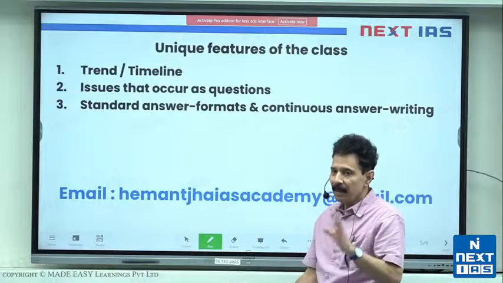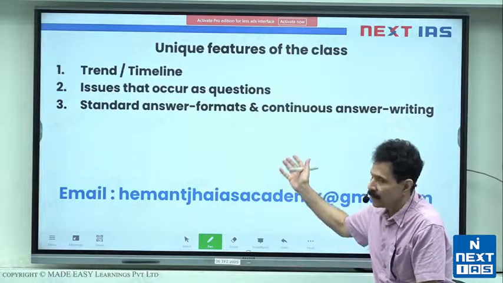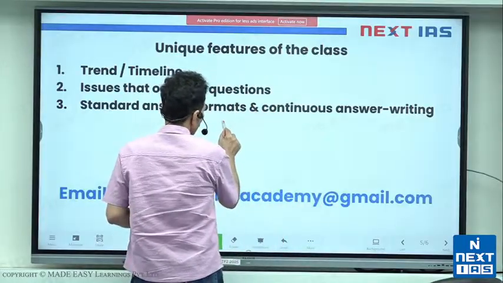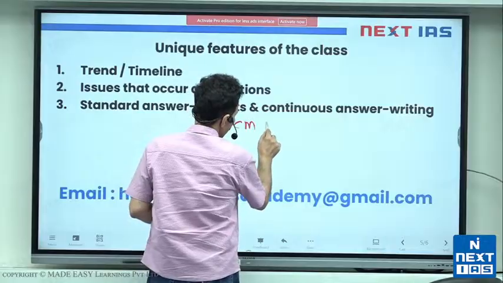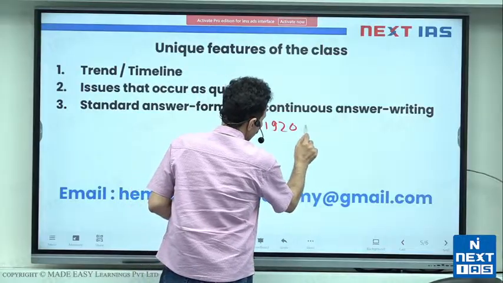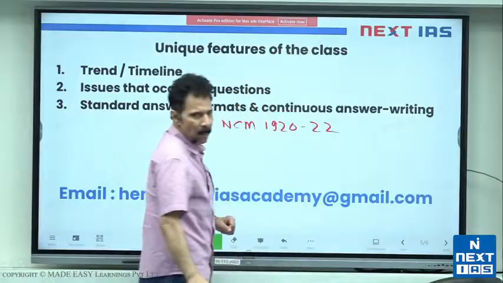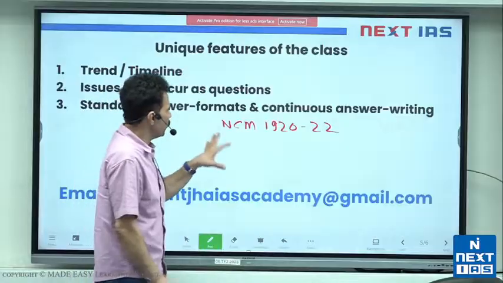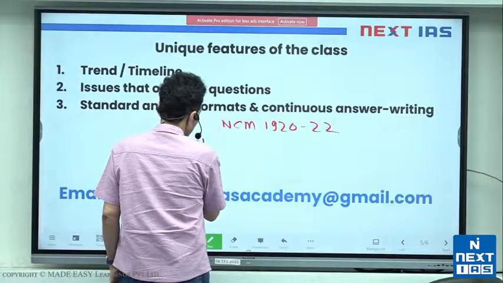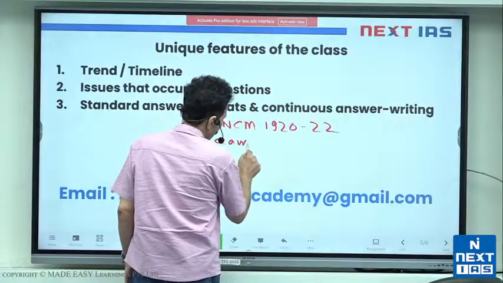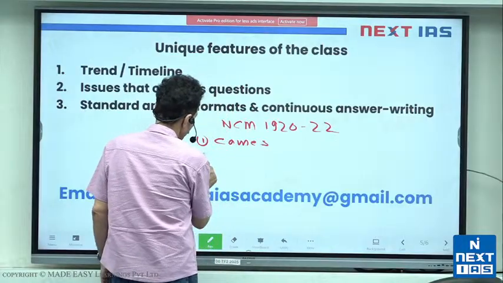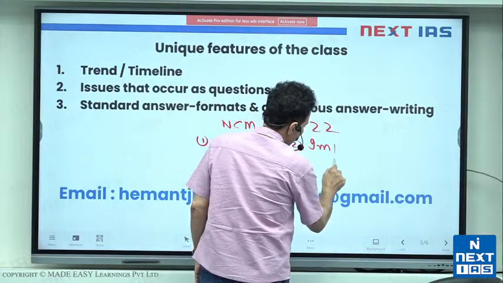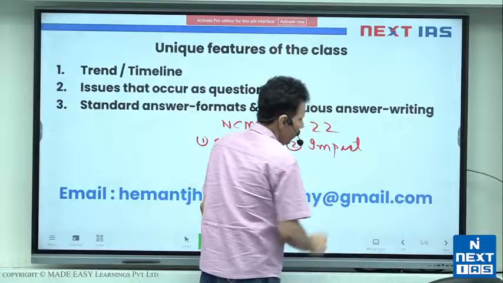Right? Now, when I say issues that occur as question, so one issue, suppose here, non-cooperation movement, NCM, 1920-22. If we have to do this in the class, of course, I will discuss issue 1, causes, 2, impact.